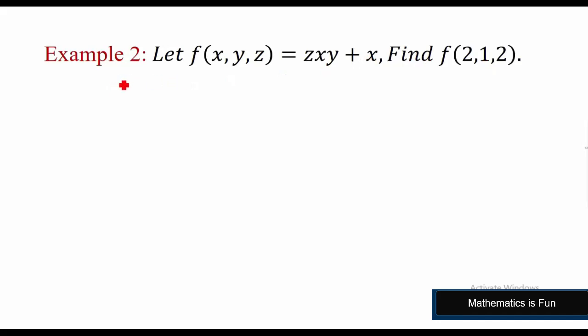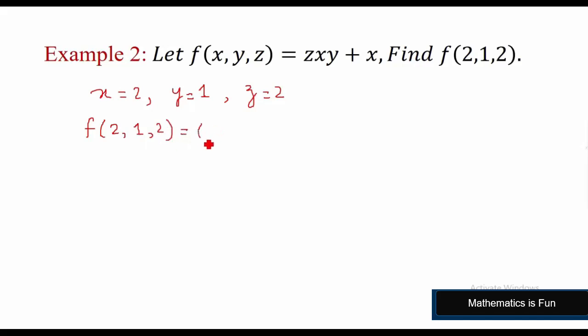Now here we have x is equal to 2, y is 1, and z is 2. Let's now put these values in the given function. We have to find the value of f at (2, 1, 2).